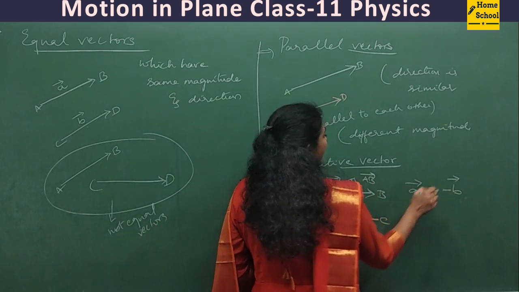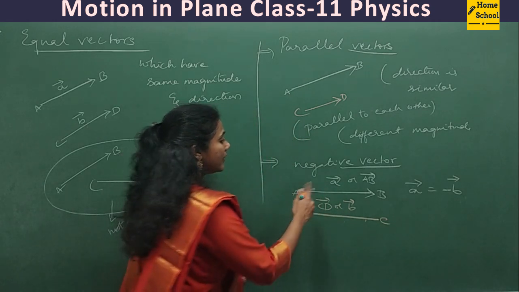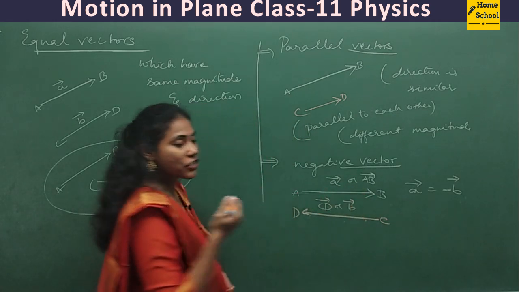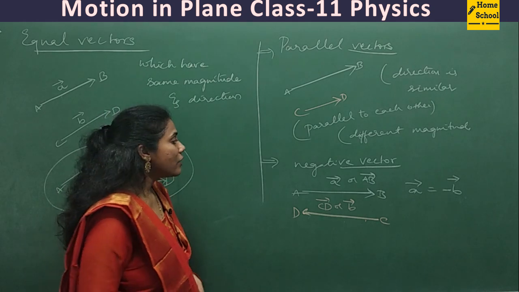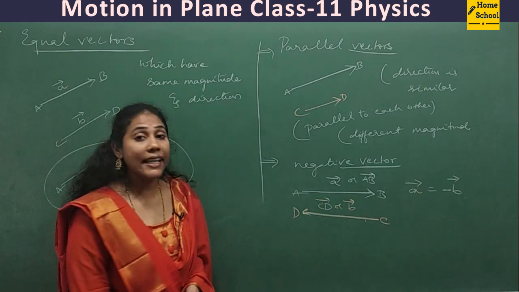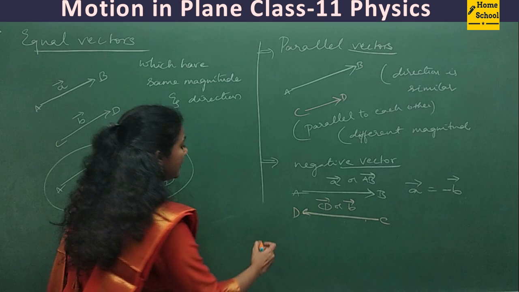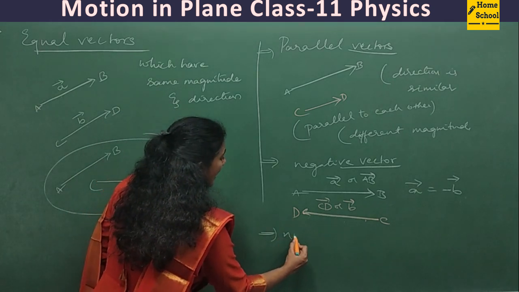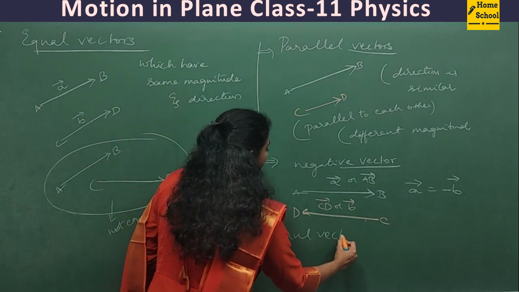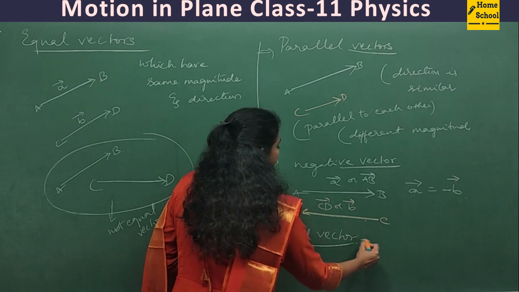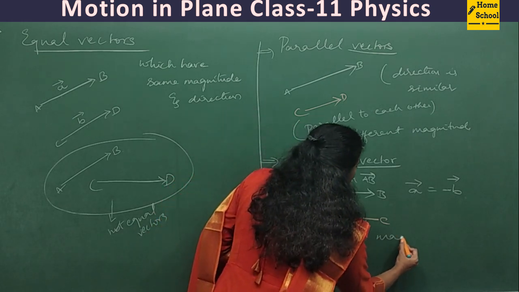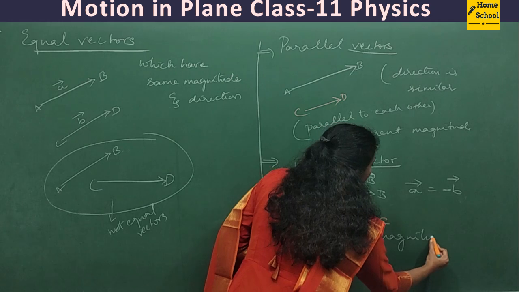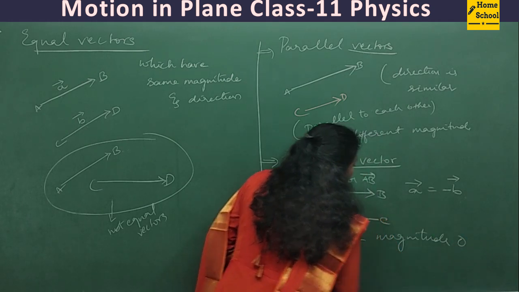So the moment I say minus, in the sense what? The same vector, but the direction is different. Such vectors are called negative vectors. And the other vector is the null vector. Null vector, in the sense, magnitude is 0.